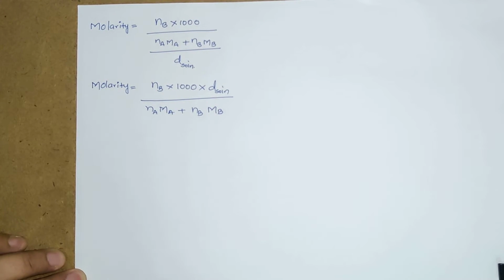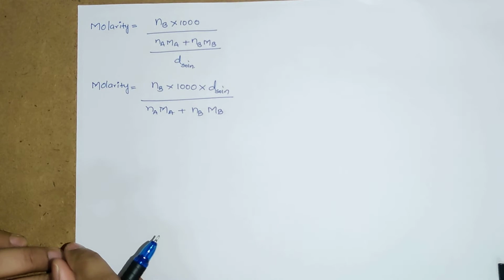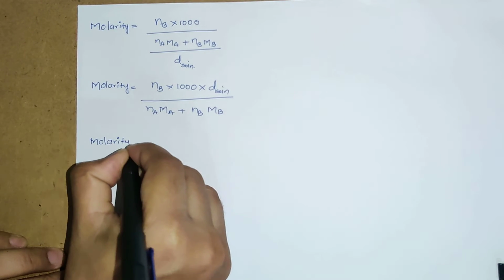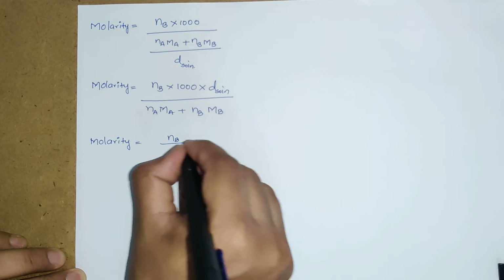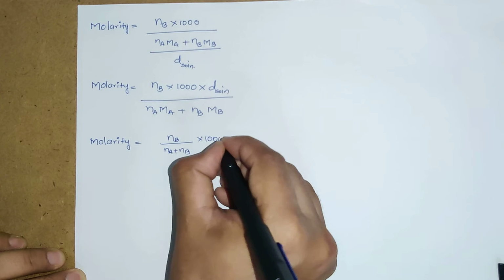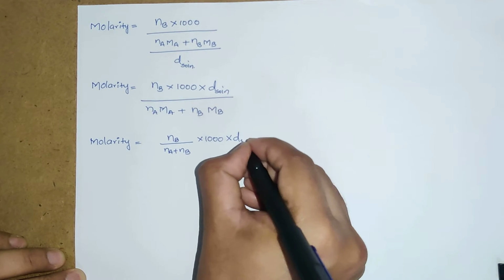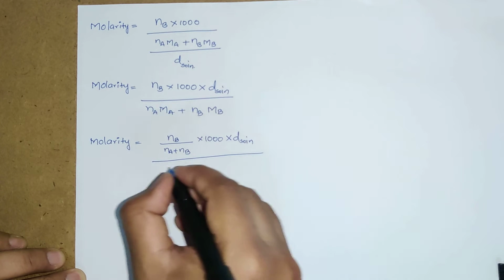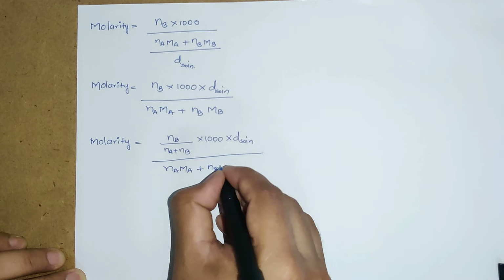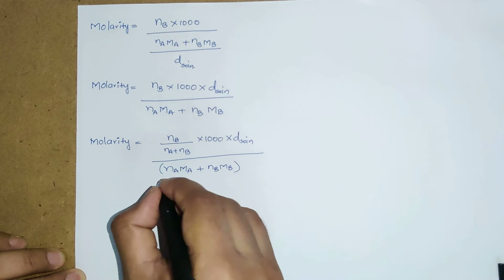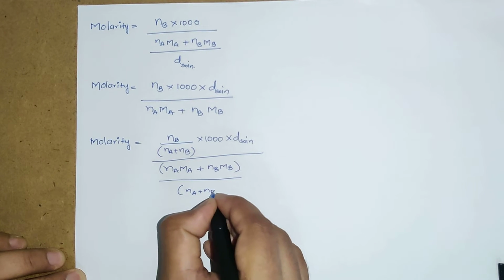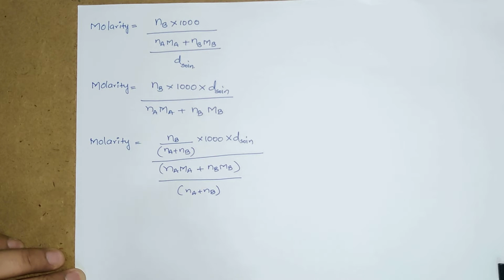Both the numerator and the denominator are divided by Na plus Nb. Then molarity is equal to Nb by Na plus Nb into 1000 into density of solution divided by Na Ma plus Nb Mb by Na plus Nb.